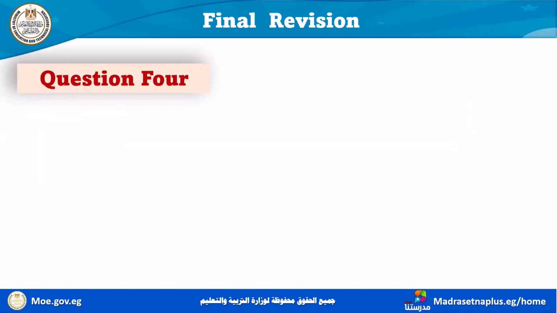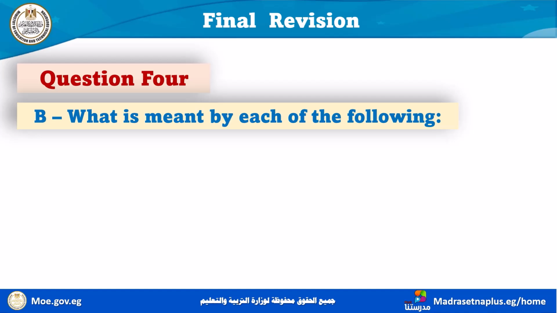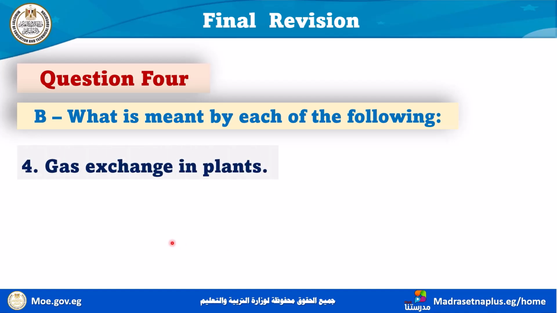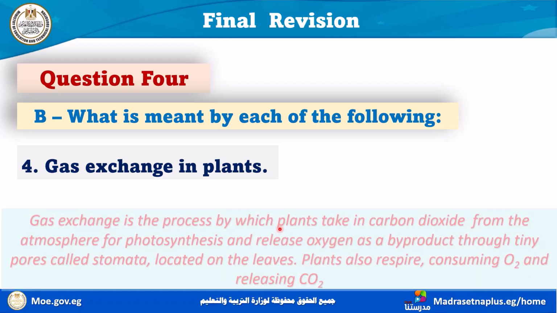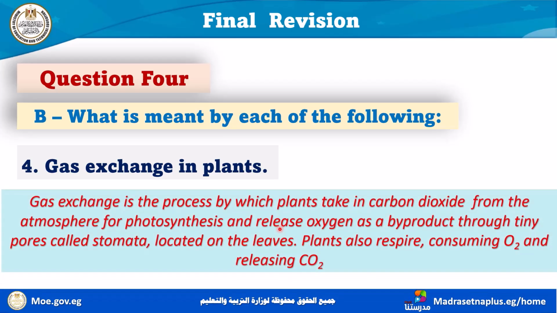Question 4 and what is meant by gas exchange in plants? What is meant by gas exchange in plants? Gas exchange in plants takes place in two main processes: the photosynthesis process and the respiration process.